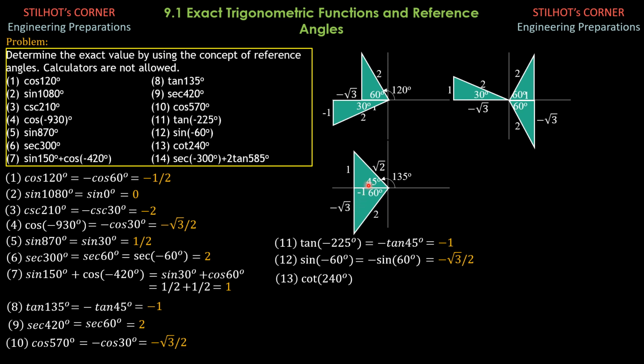So it is originally negative 1 over negative square root of 3, which can be reduced to square root of 3 over 3. So it's like cotangent 60 degrees, but it is square root of 3 over 3.